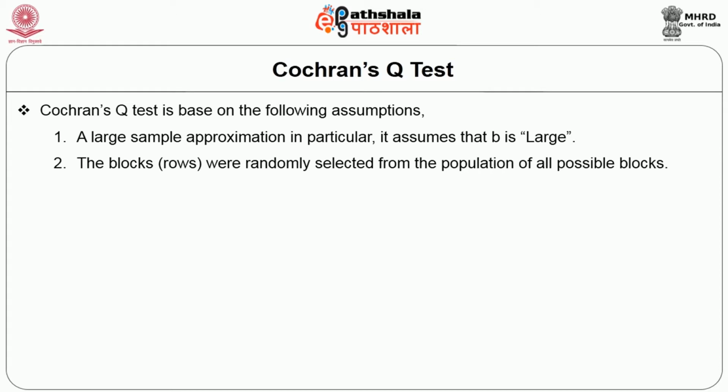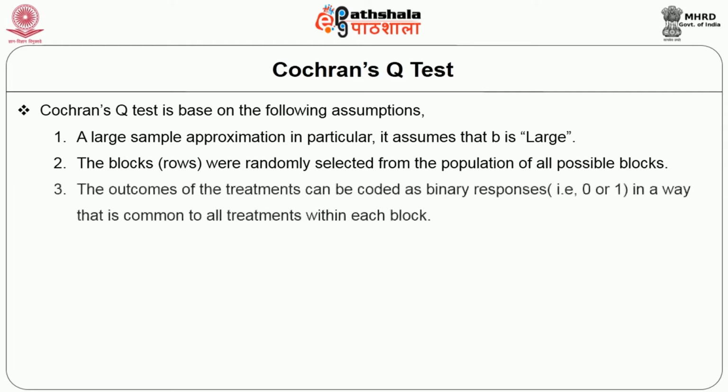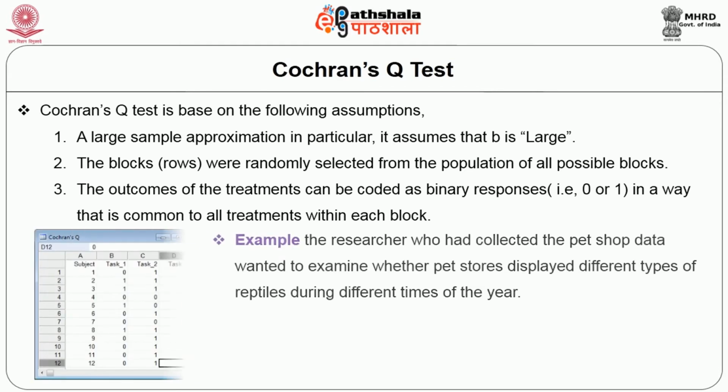The blocks, that is rows, were randomly selected from the population of all possible blocks. The outcomes of the treatments can be coded as binary responses, that is 0 or 1, in a way that is common to all treatments within each block.